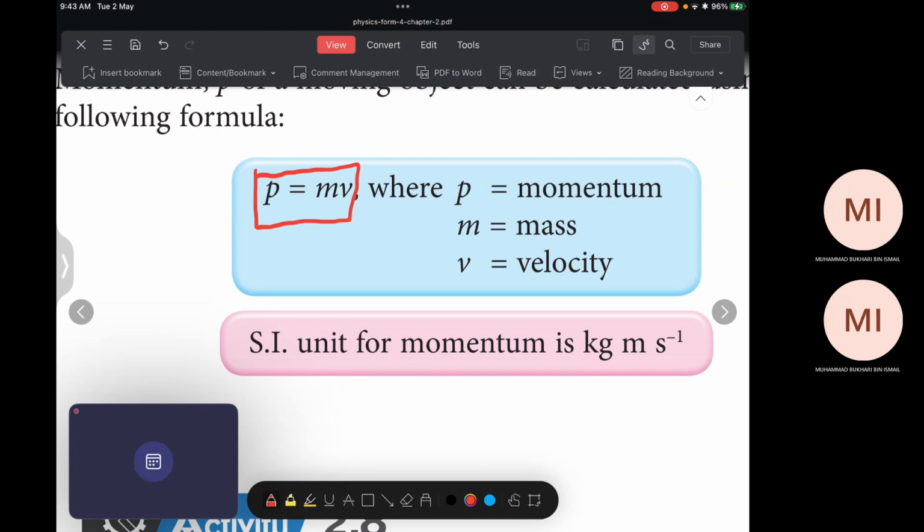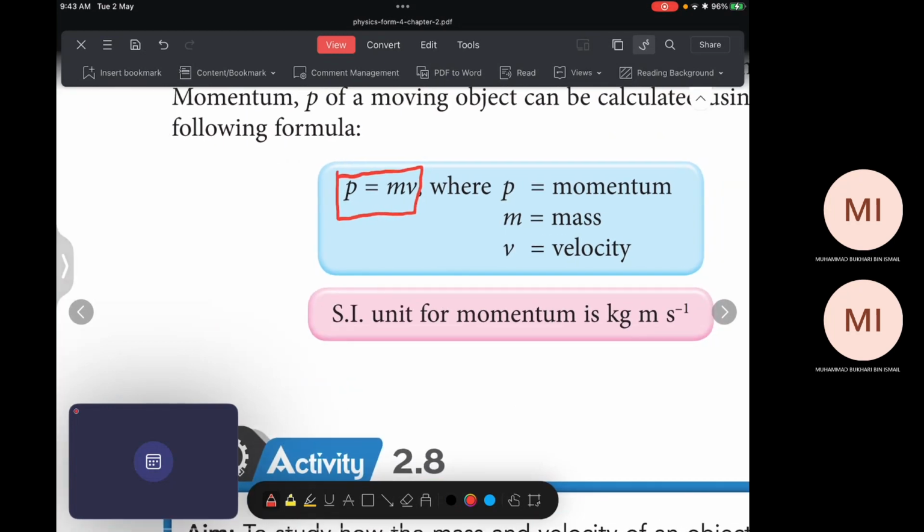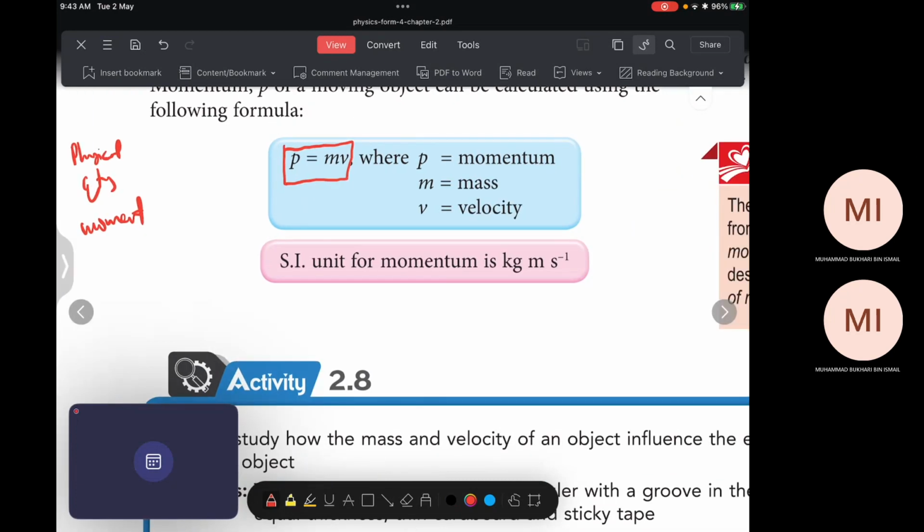Momentum dia punya simbol is P. Ni kita kena okay ya. Dia punya physical quantity adalah momentum. Okay, physical quantity kita adalah momentum.